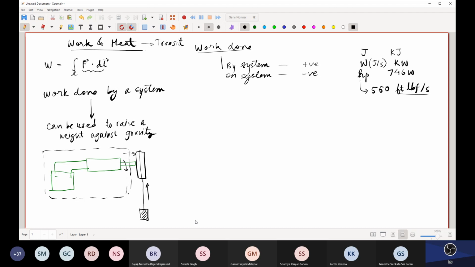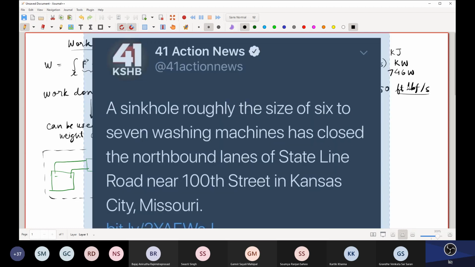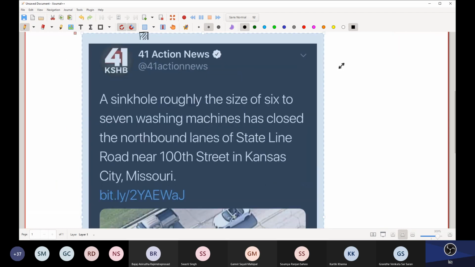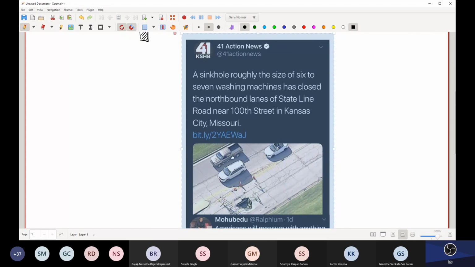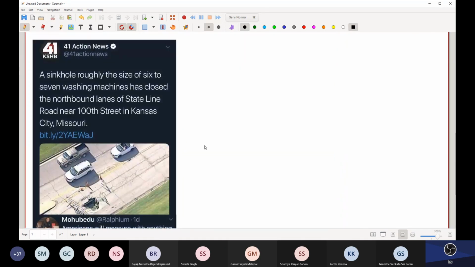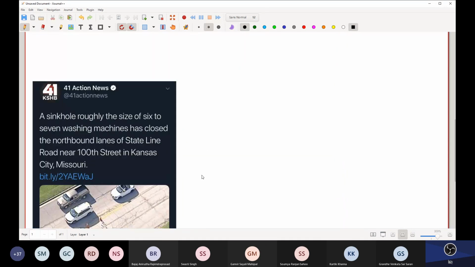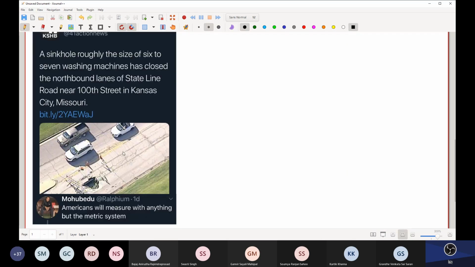The Americans are notorious for not using SI units. There's an entire section on Reddit which says Americans will use anything but the metric system.